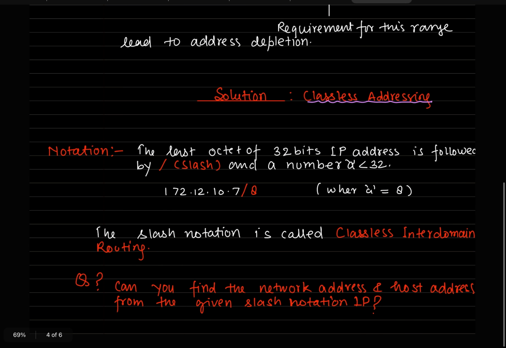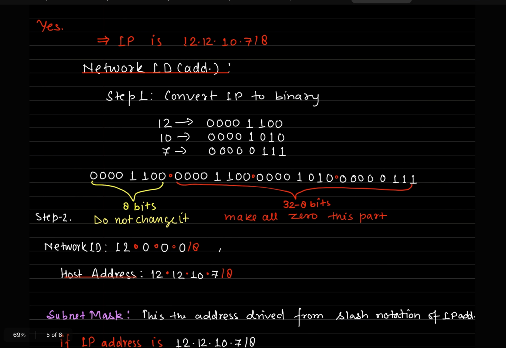The slash notation is also called classless interdomain routing, in short CIDR. A question may be asked: can you find the network address and host address from the given slash notation address? Yes, we can find it out. That is why we designed classless addressing.